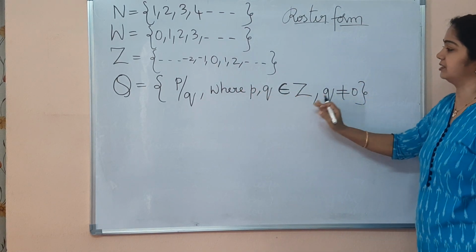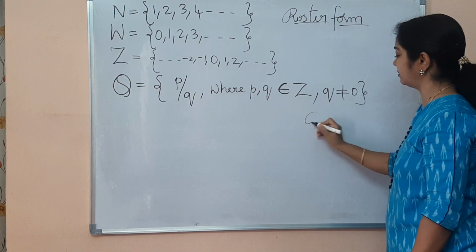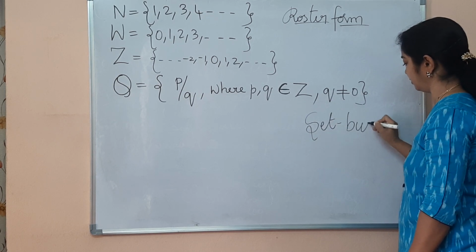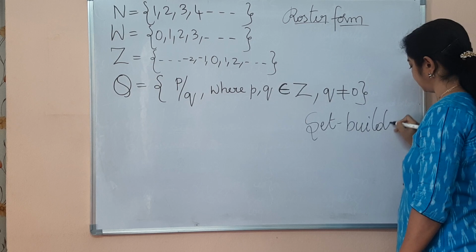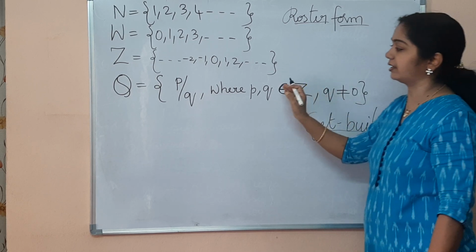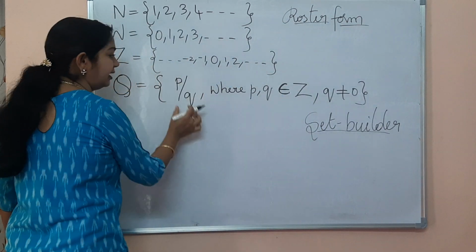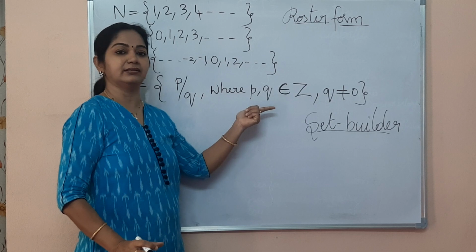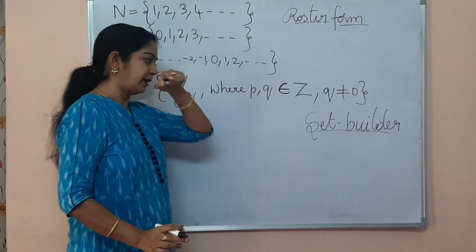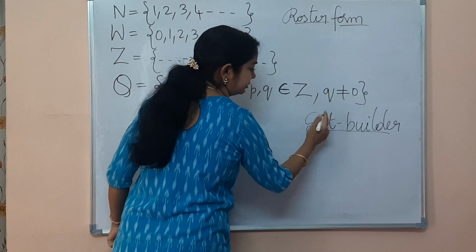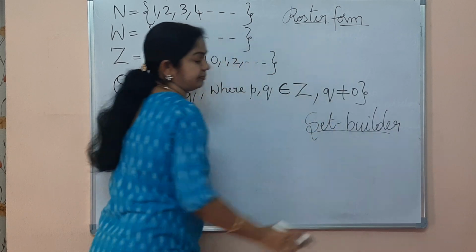This representation is called the set builder form. Set building means we are giving a condition, we are building the set. We are not directly writing the list of elements. These two forms, the roster form and the set builder form, are very important.